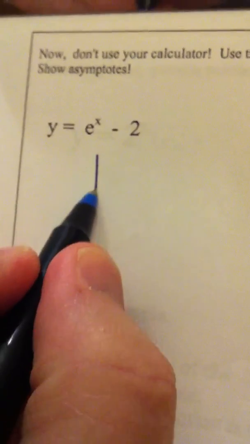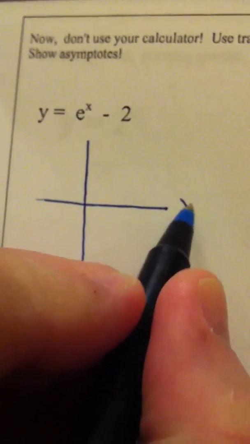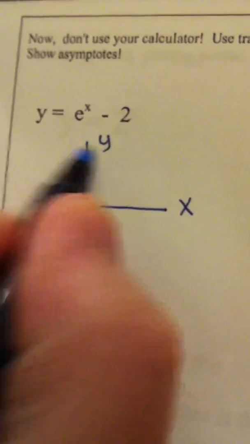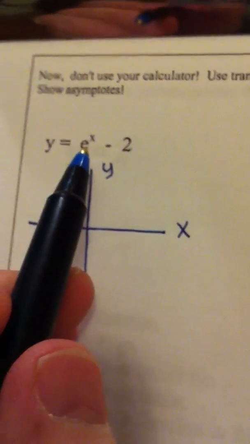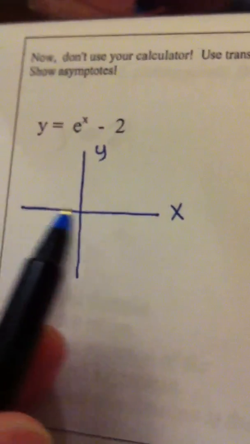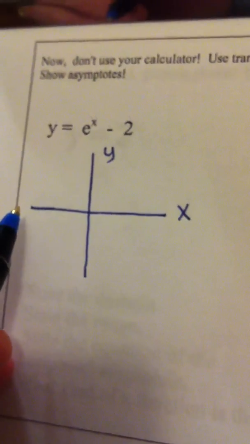In our last graph, we drew Euler's function, and if you recall, there was a horizontal asymptote on the x-axis, which is actually the line y equals 0.